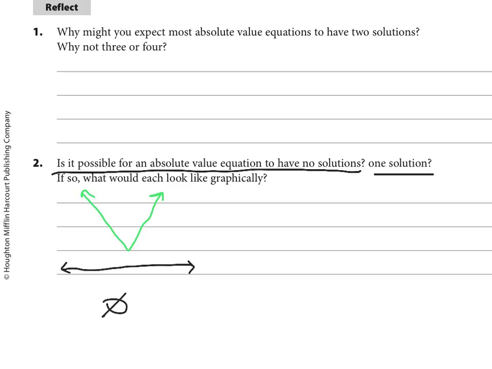I'm going to draw my absolute value function as a reflection, and I'm going to draw my g of x where it's going to intersect only in one spot, right here. In that case, we would only have one solution.